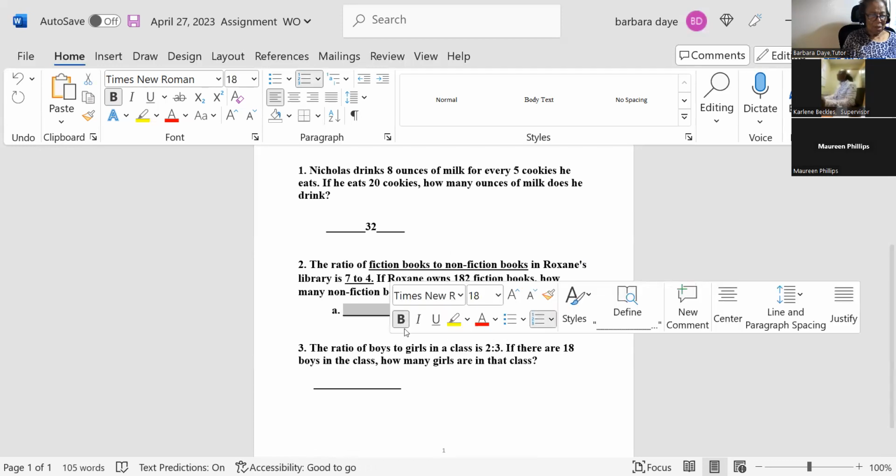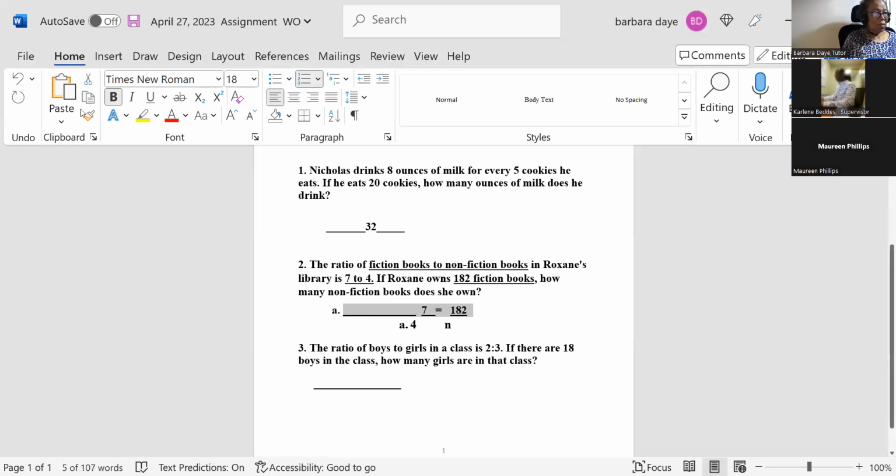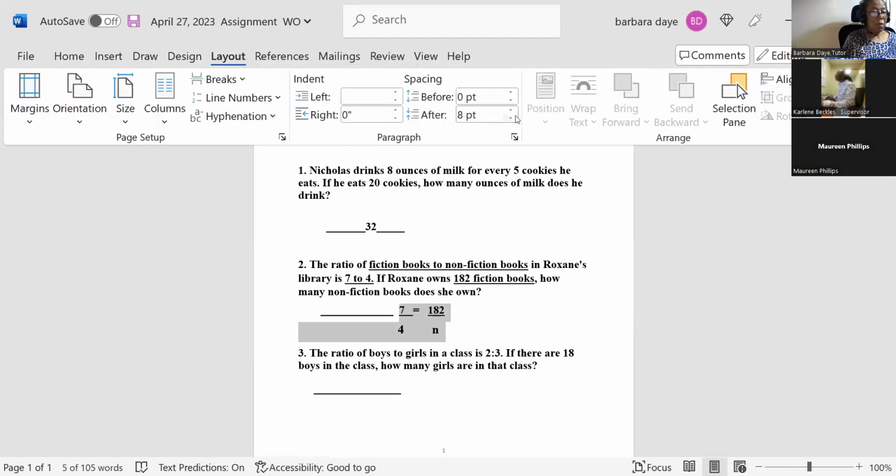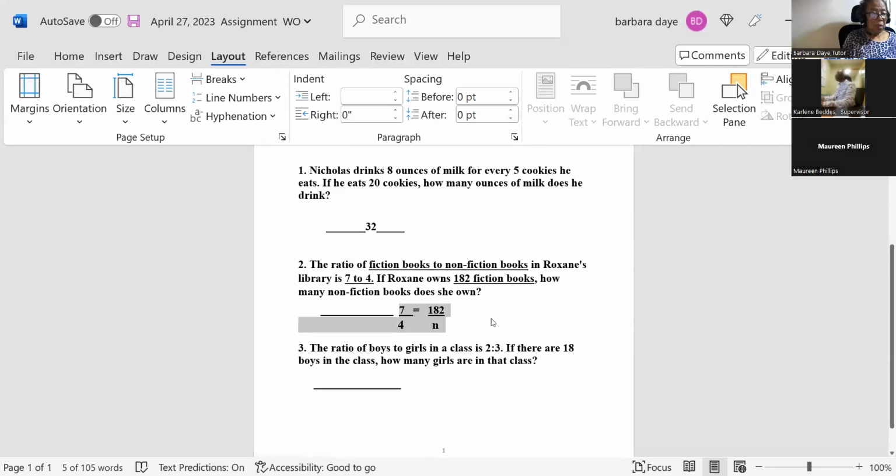Okay, so let me just move this over. So you cross multiplied.